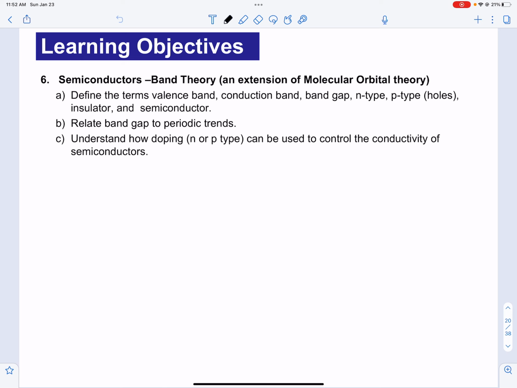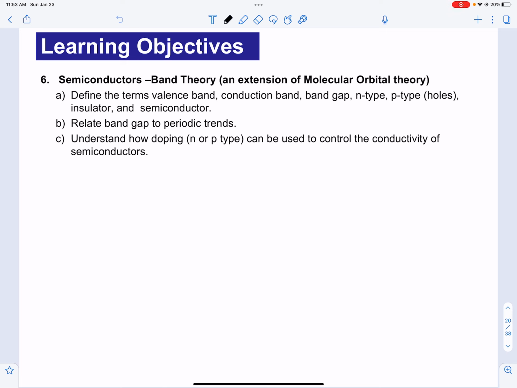We're going to try to relate how big the band gap is, which makes it an insulator or semiconductor or conductor, and we're going to see that based on the periodic table trends like size and radius and so on. And we're going to see how we can control a semiconductor by determining if we're using an N-type or P-type hole.